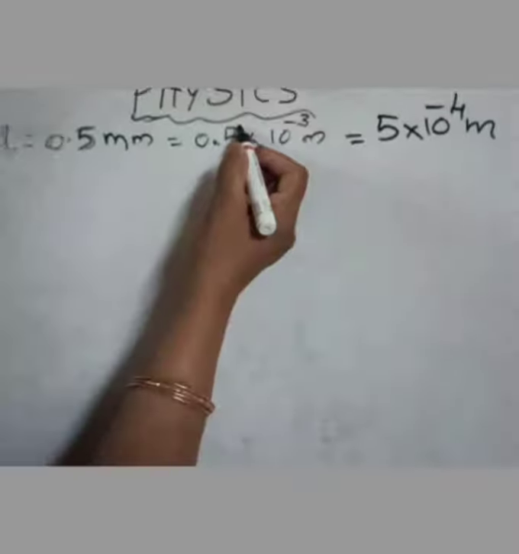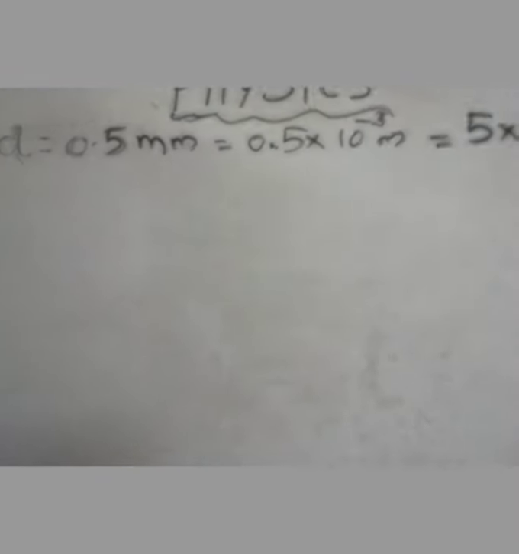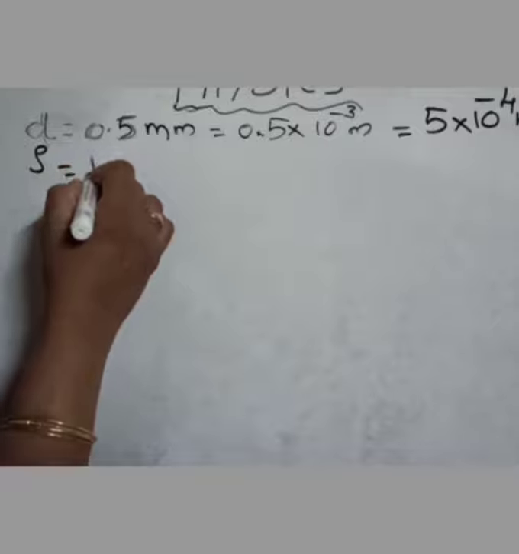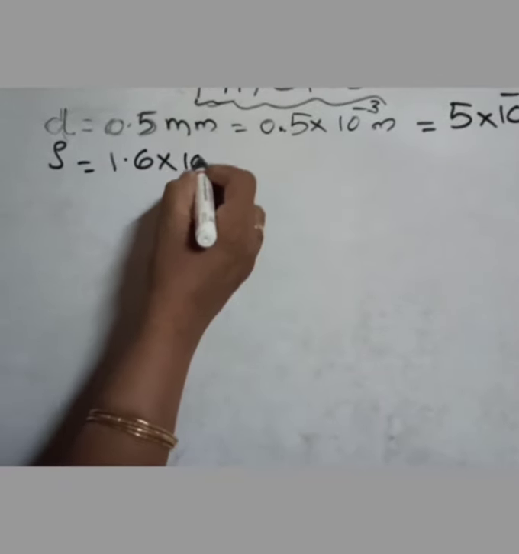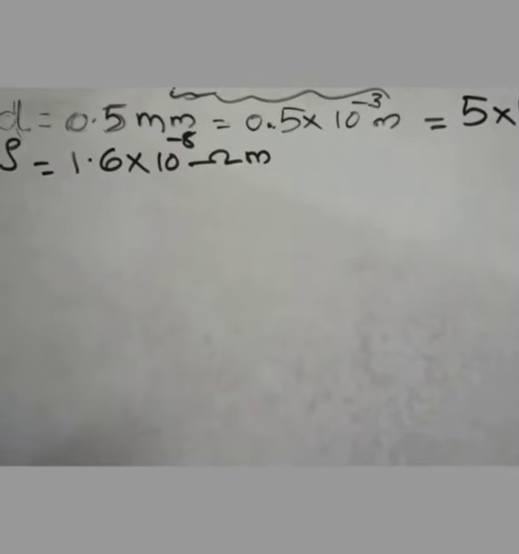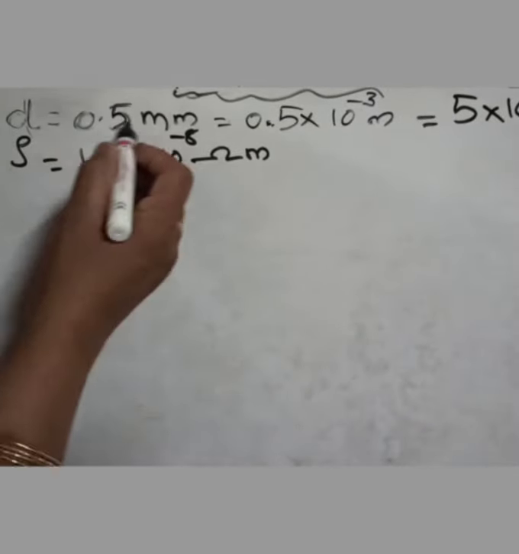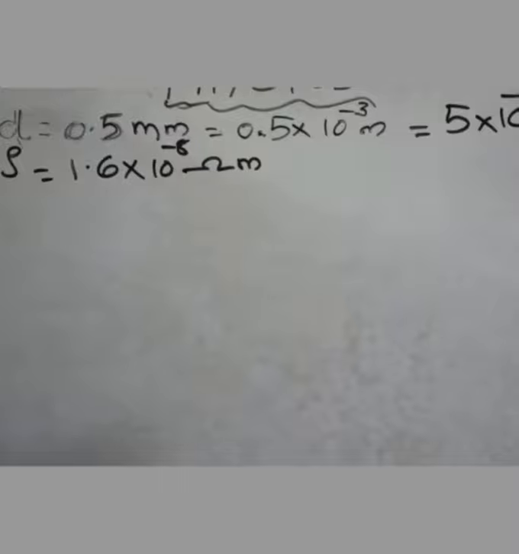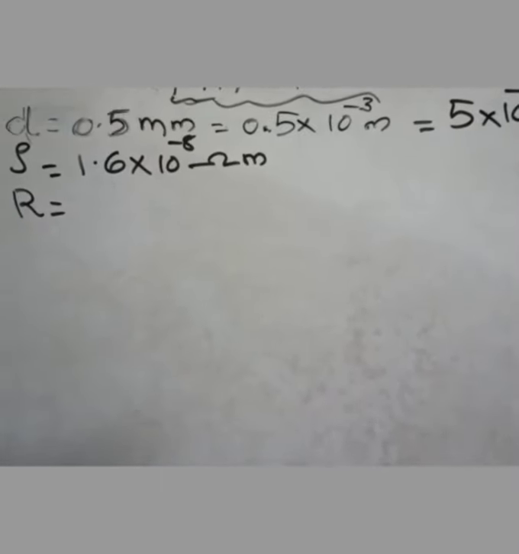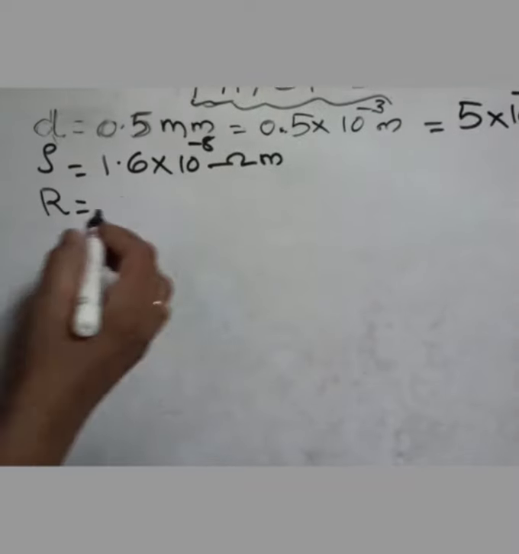So it is 5 into 10 raised to minus 4 meter. Okay. And the resistivity of the material is given as 1.6 into 10 raised to minus 8 ohm meter. Okay. And diameter is given as 0.5 millimeter. And the resistance of the conductor, copper wire, is given as 10 ohm.